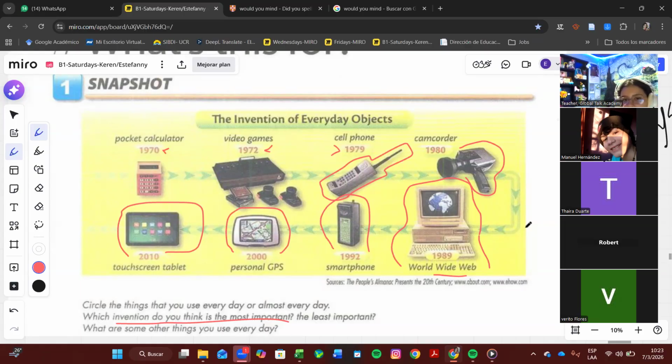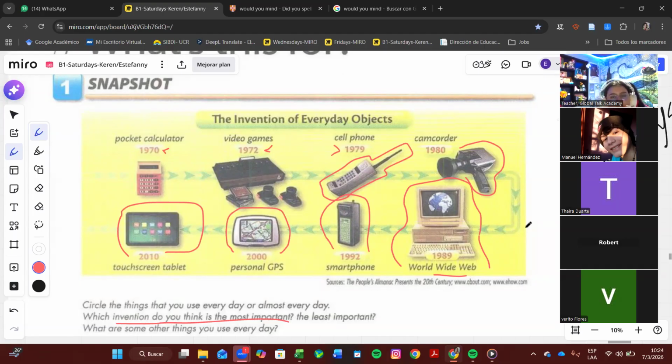In my opinion, worldwide web. And why? Because, no sé cómo se dice en inglés, como la creación del Internet y ya el Internet llevó muchísimas más cosas.